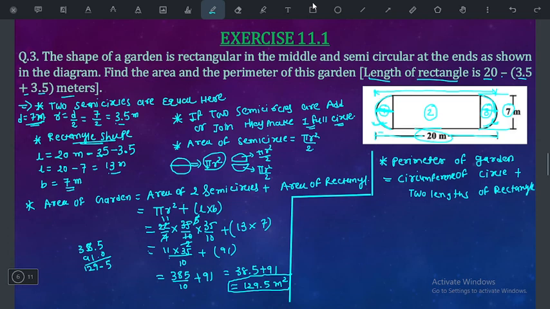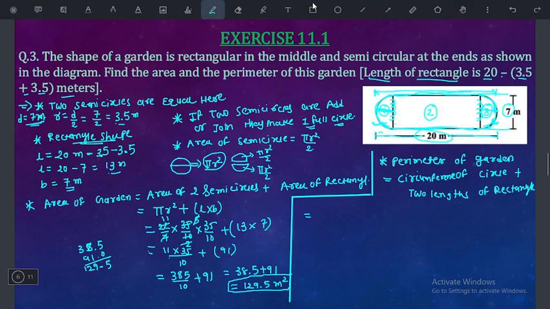See here, the perimeter means this semicircle plus this one side plus this semicircle plus this side. So in the circumference of the circle we add only these two sides, because we don't use these internal lines. In the perimeter we only consider the borders, not the interior part.